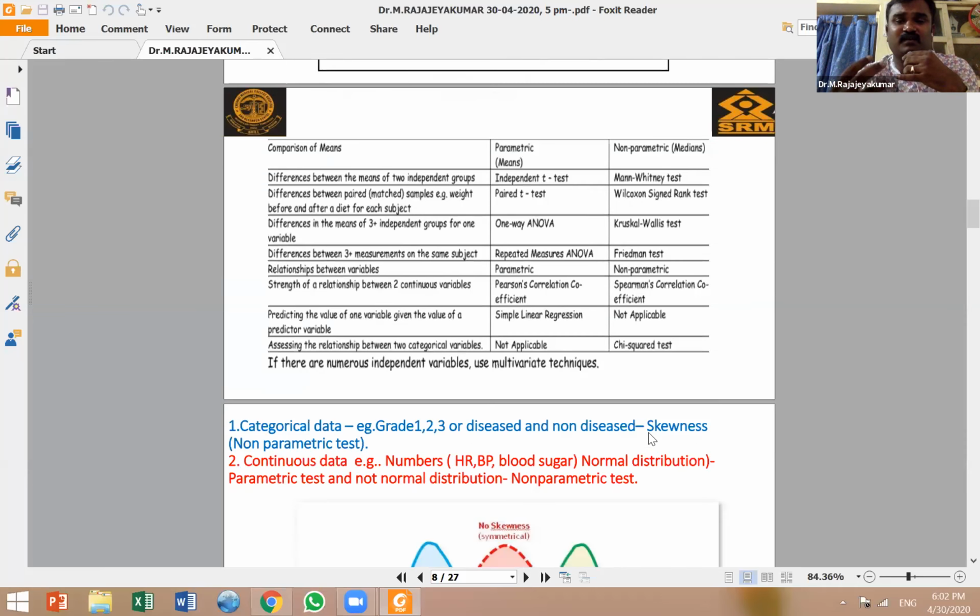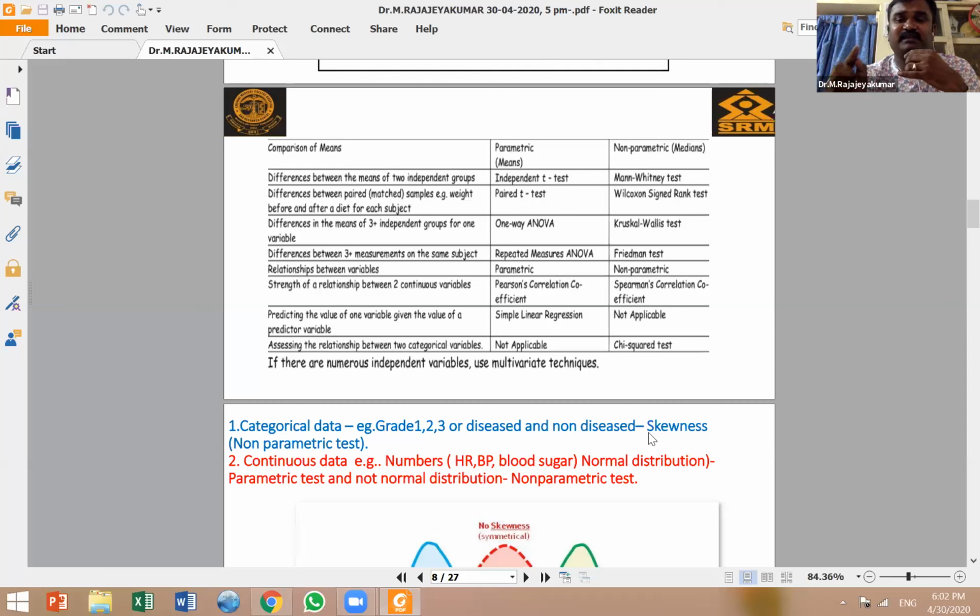Then how to use the test? What are the basic differences? Whenever you are going to compare the means of two independent groups, male, female, disease and normal, these are independent or different groups. If the data is continuous, ratio or interval, you can use a parametric test. The central tendency is the mean, so you can use the independent t-test or unpaired t-test.